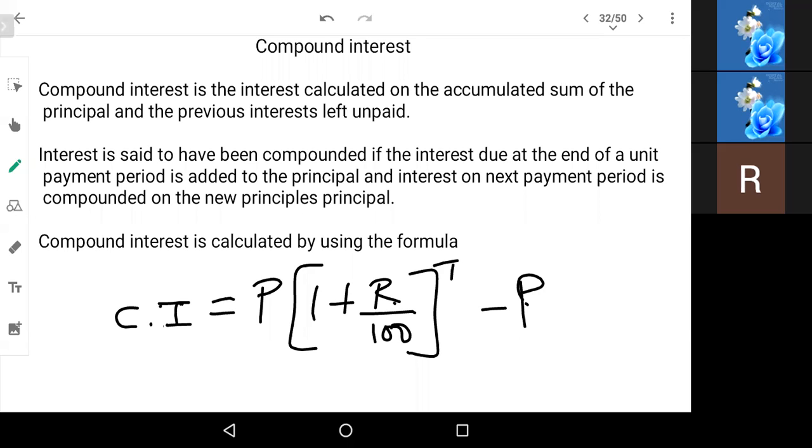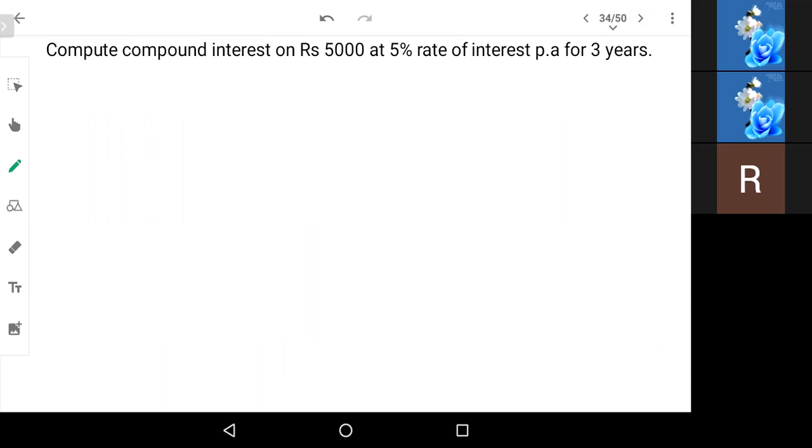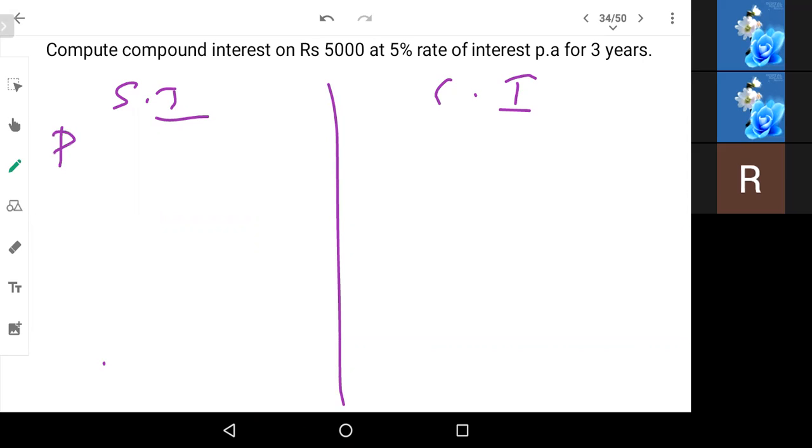Now let us take an example. Simple interest, compound interest. Now in simple interest, suppose the principal is 100. In compound interest also the principal is 100.